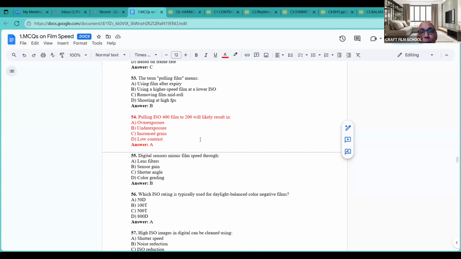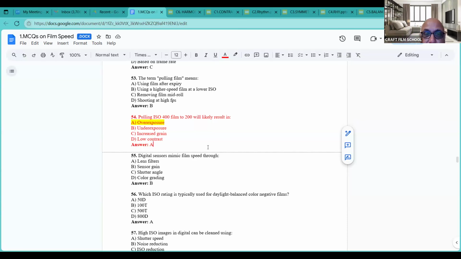Basically you are overexposing the film. In general, forget about this word called pulling. If you are rating a 400 ASA film and considering it as a 200 ASA and shooting, what is going to happen? It is going to overexpose one stop.